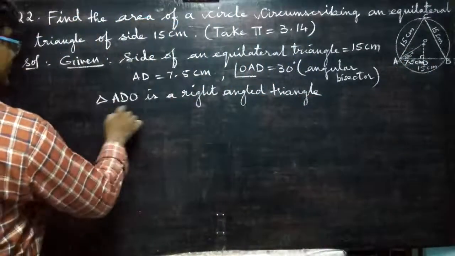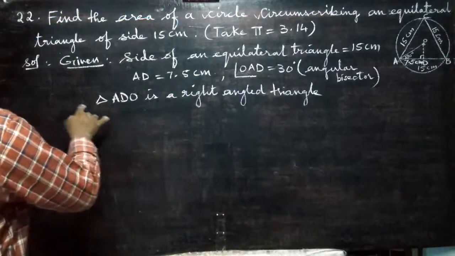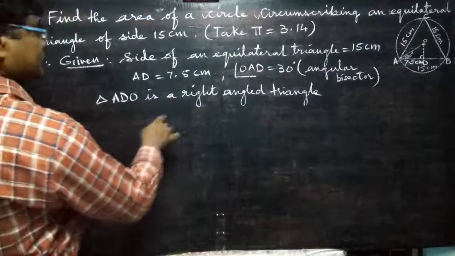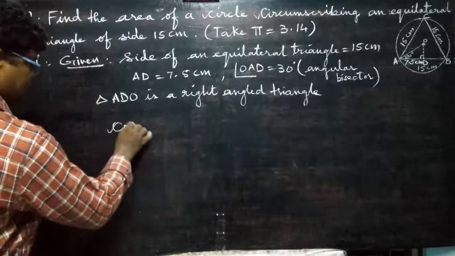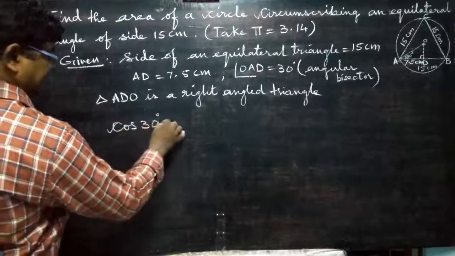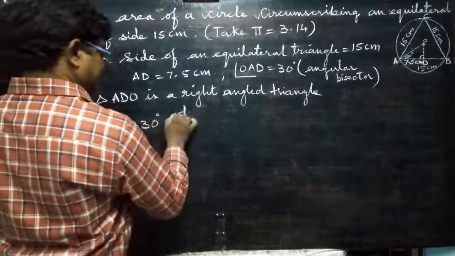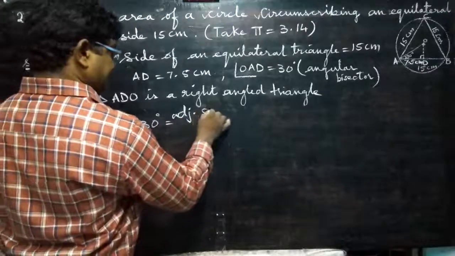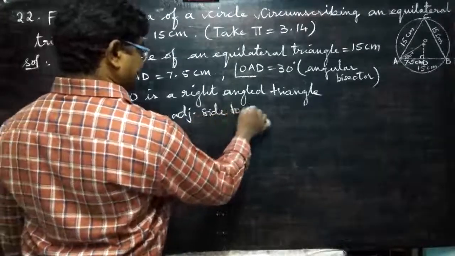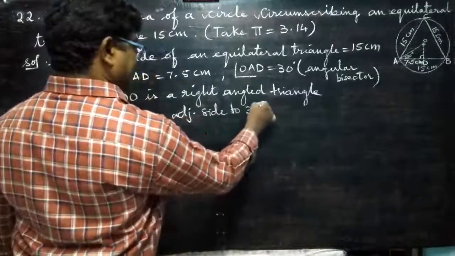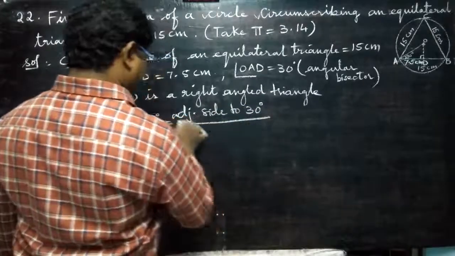So take from this triangle, we are going to take cos 30 degrees, which is the adjacent side to 30 degrees by hypotenuse.